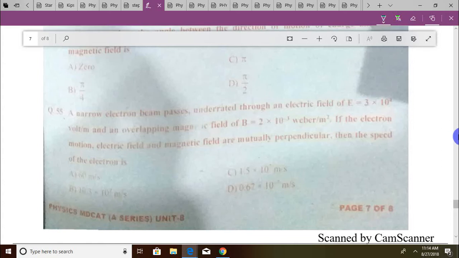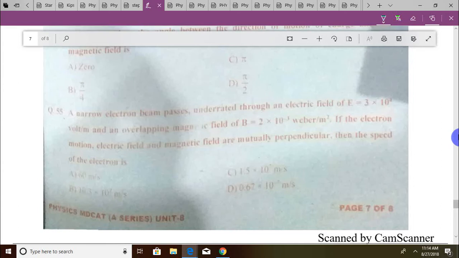The other one is force per coulomb, so Newton per coulomb, because it's force over charge. The electric field is overlapping with the magnetic field, and it's 2 × 10⁻³ Weber per meter square.